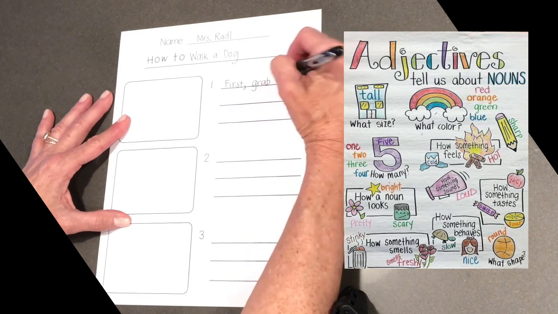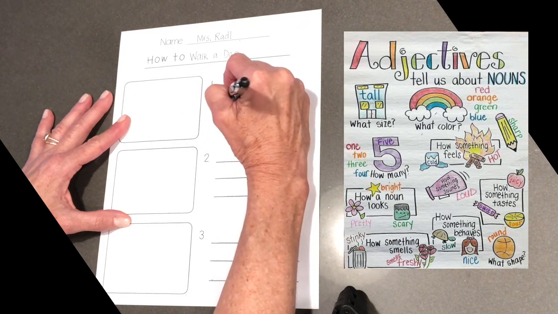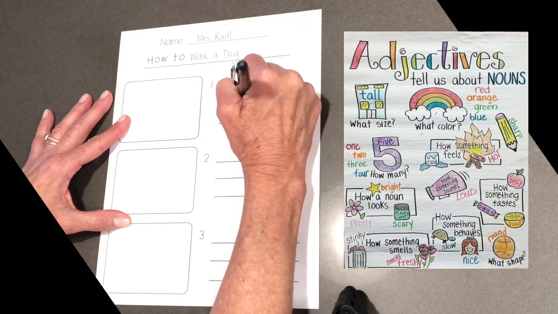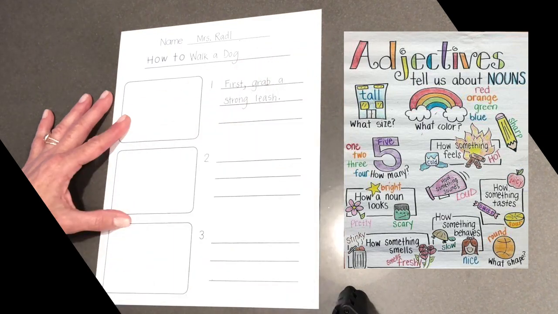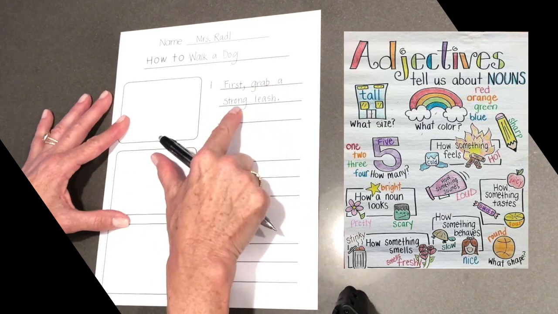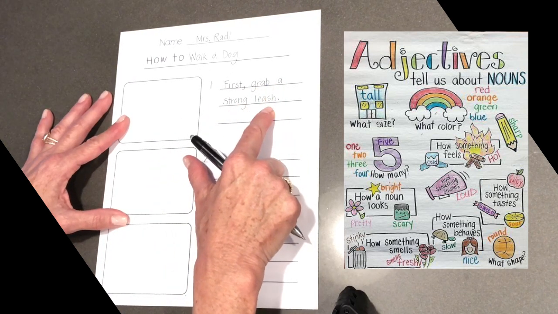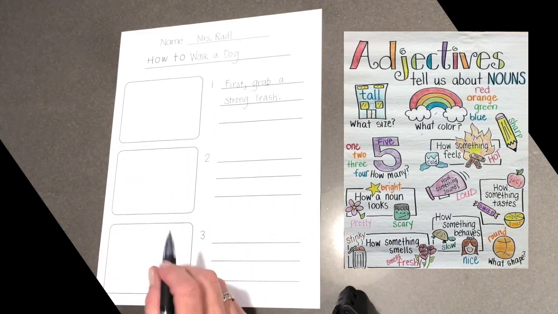Grab a, and I'm going to add on to that and make it an adjective, a strong leash. Period. So I have a full sentence. First, grab a strong leash. Leash is my noun, and strong describes that leash. So it tells how that leash is.